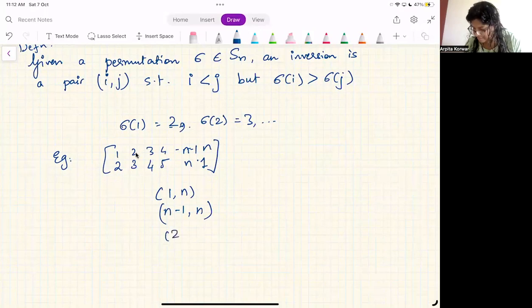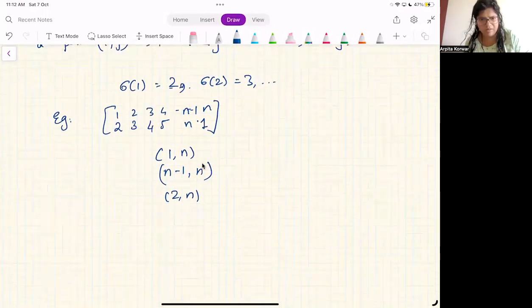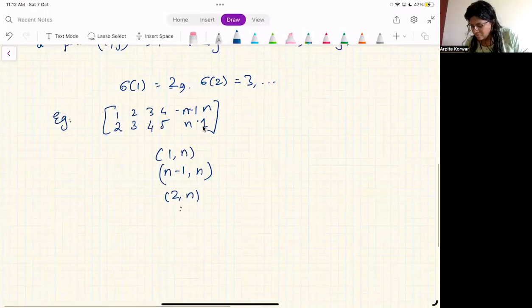Yes. 2 is less than n, but 3 is greater than 1. So you will get all these: 1 and n, 2 and n, 3 and n, 4 and n, up to n minus 1 and n. So the number of inversions is n minus 1.